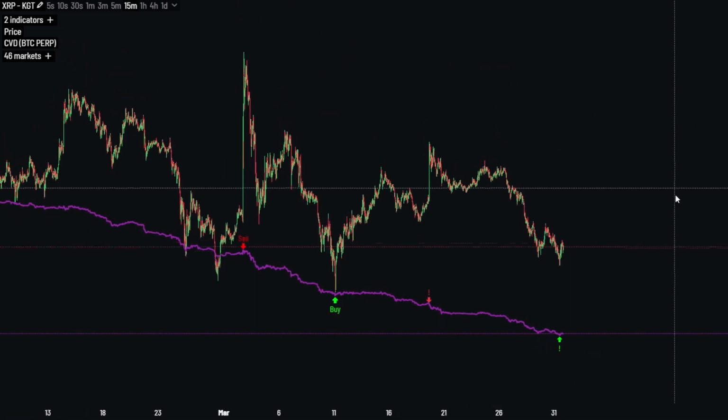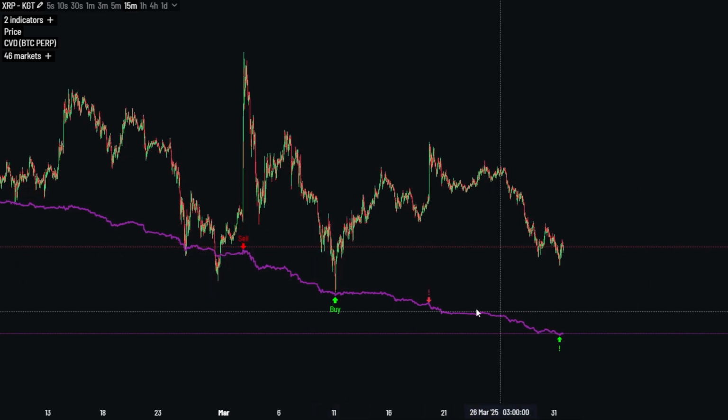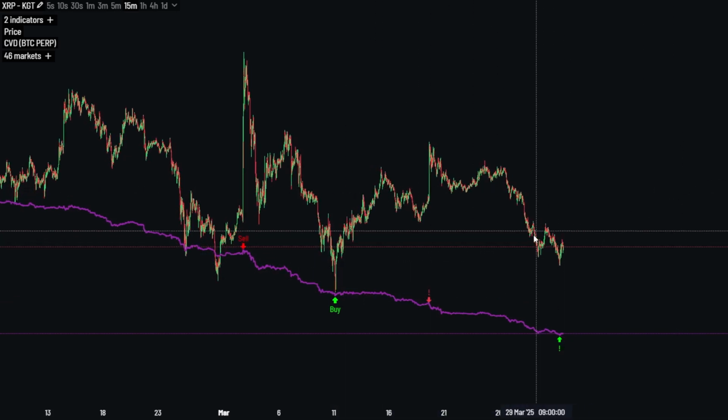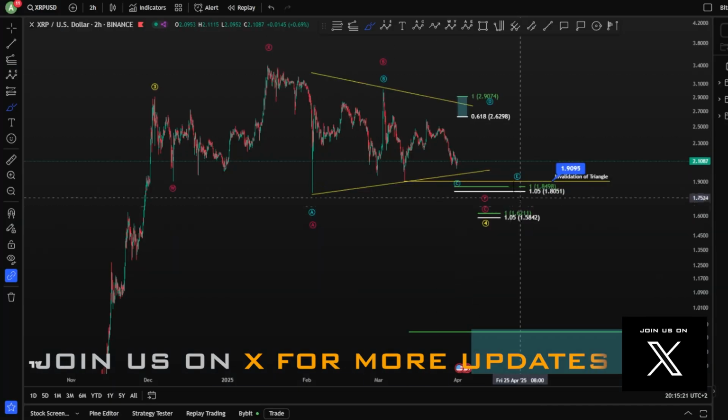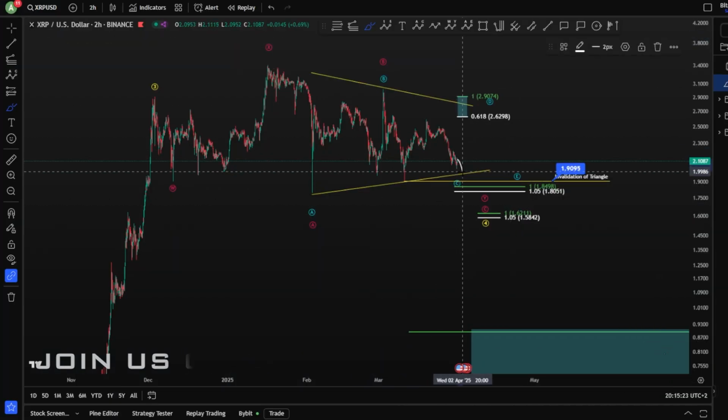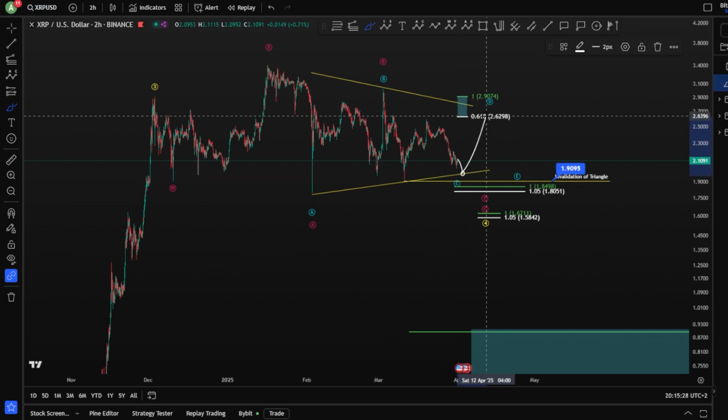As you can see, yes, now we have, of course, a very strong divergence appearing, meaning this drop is at the end of its movement. And that means, of course, we might still potentially have one more leg testing this trend line and moving towards the upside.